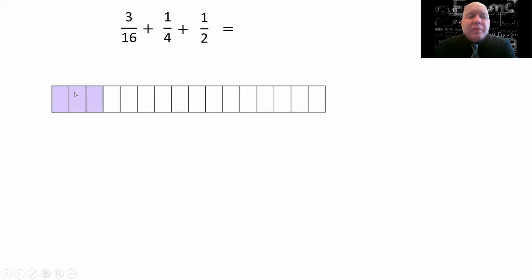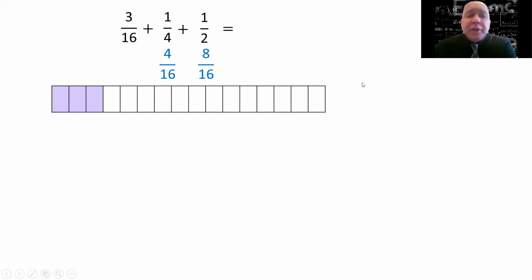Okay, we've already put our 3/16 into our bar diagram. So now we need to turn our quarter into 16ths. Well, 4 times 4 is 16. 1 times 4 is 4. So 1/4 is equivalent to 4/16. And 1/2, 2 times 8 is 16. 1 times 8 is 8. So 1/2 is equivalent to 8/16.